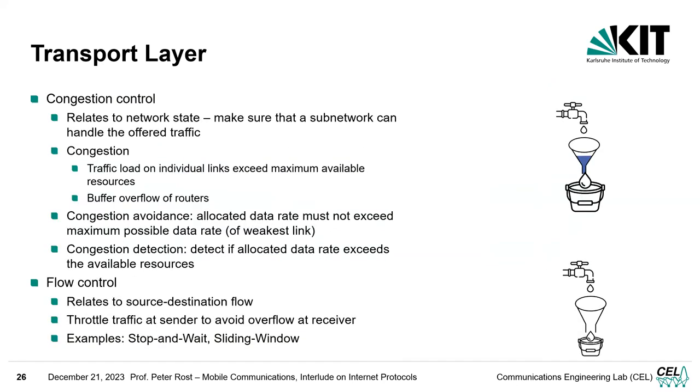Now let's come to congestion and flow control. Congestion control relates to the network state, meaning if I have a process which delivers data with a certain data rate and you send this to the network, and the network has a bottleneck, then this eventually will lead to some buffer overflow on your routers, and then packets are dropped, and this needs to be avoided.